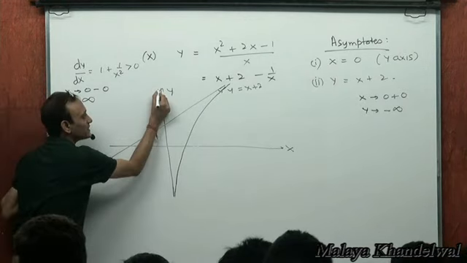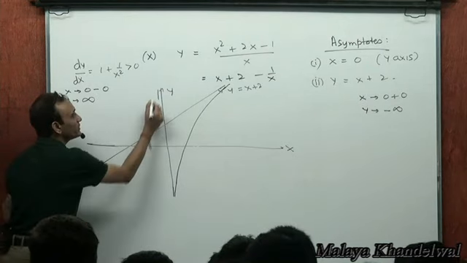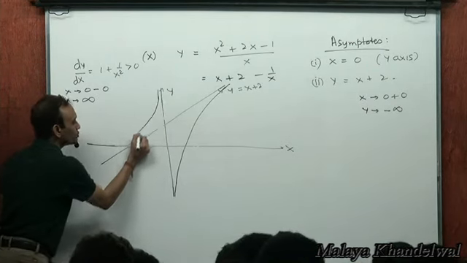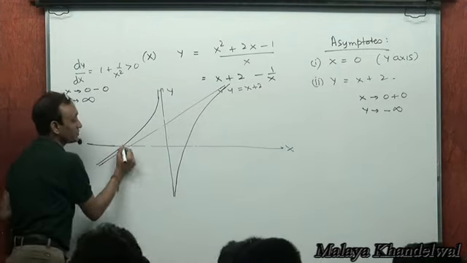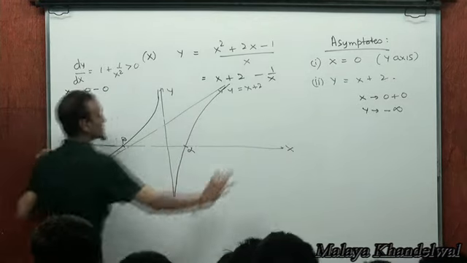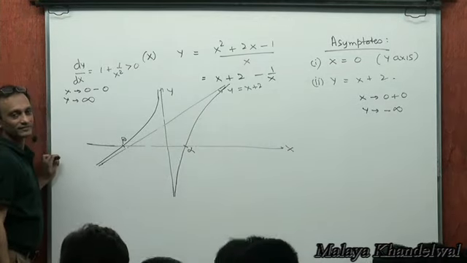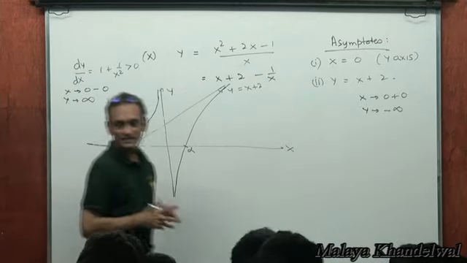So we'll expect something like this, and this being the asymptote, to produce monotonically increasing behavior, this is what would happen. This would be the second root. These are the two roots, alpha and beta, of the numerator. This will be the graph of x squared plus 2x minus 1 by x.